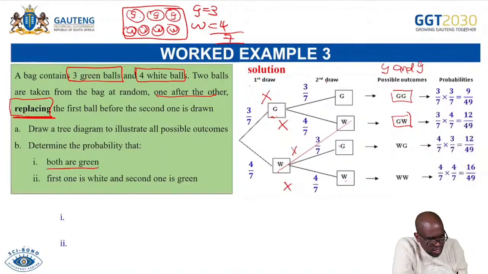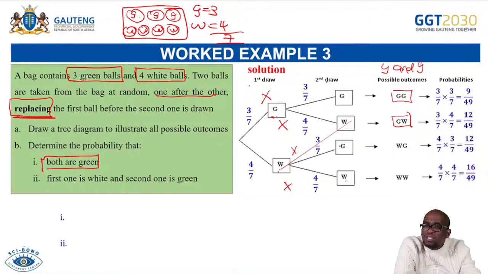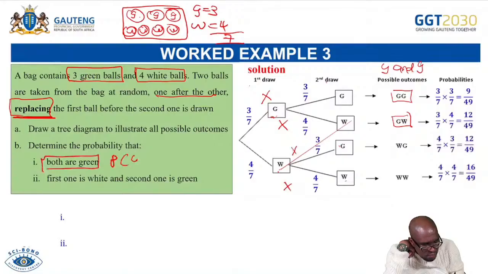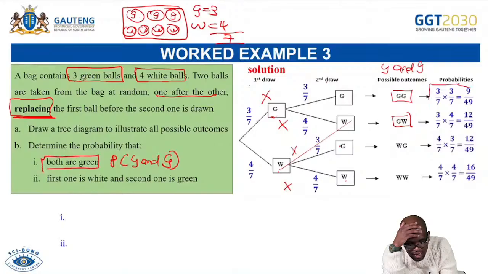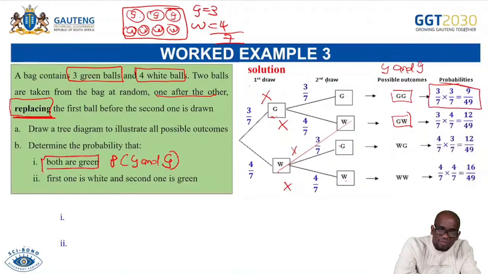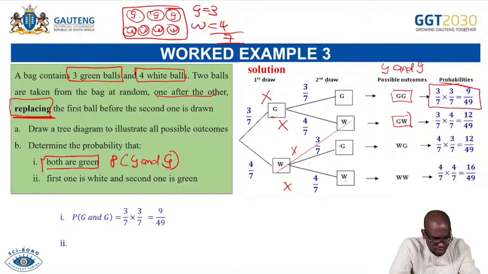Determine the probability that both balls are green. If they are both green, we are looking for the probability of green and green, or GG. Already we have the answer there. G and G, that is 9 over 49.